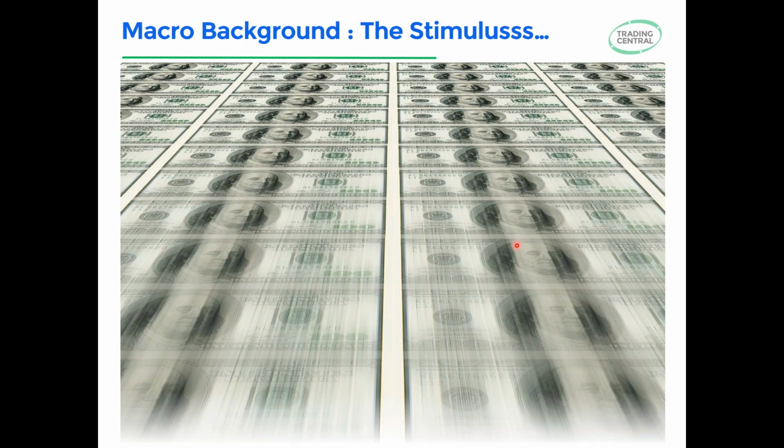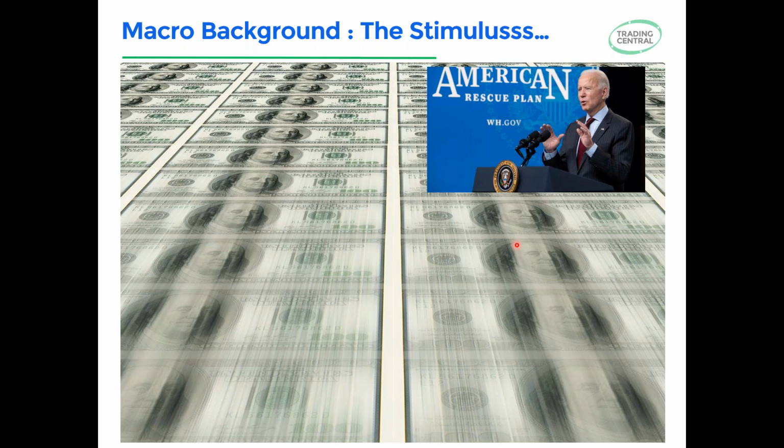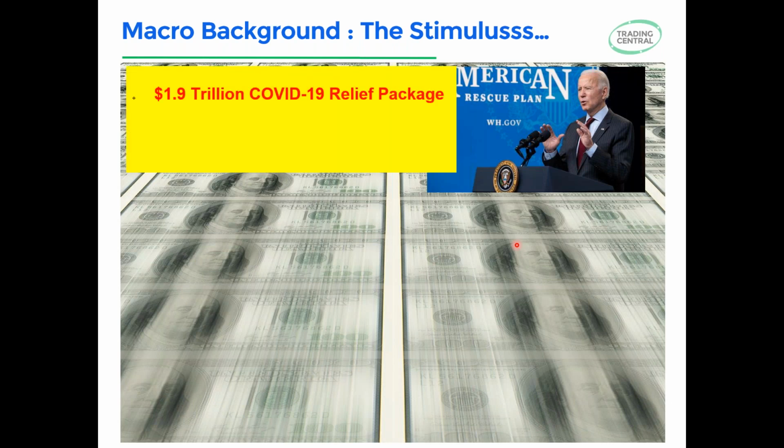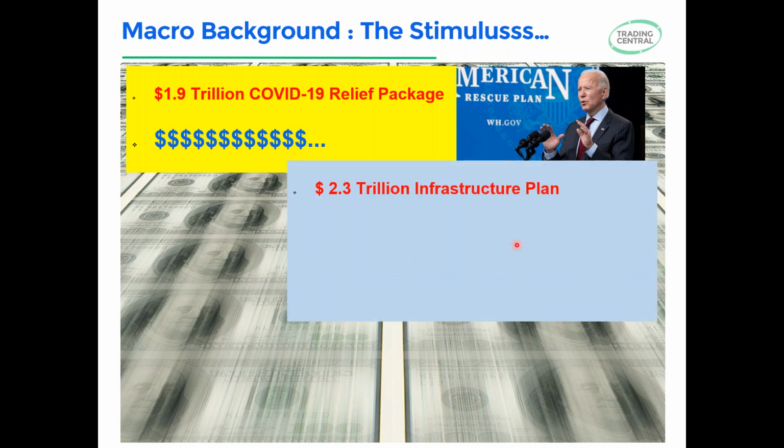So combined with this one, I ask you another question. For the past 2 webinars, I told you the US launched a 1.9 trillion relief package. Big T, trillion. And then they are now talking about a 2.3 trillion infrastructure plan. I ask you one question. Is it the end? Does our stimulus stop here, no more, we are not going to print any money, so economic growth will pick up and we don't have to worry about anything?